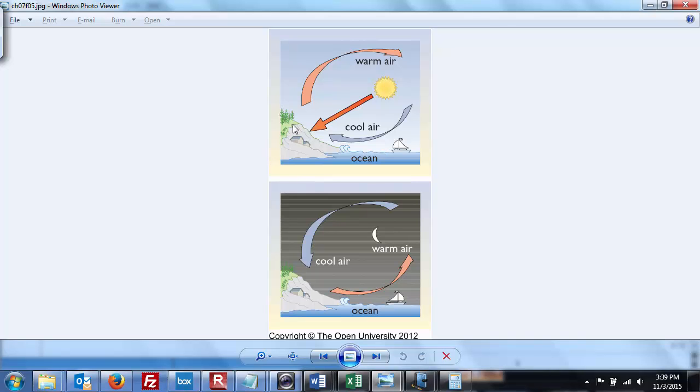That's going to drive warm air up. It's going to suck cold air in off the ocean. So at night, once the sun goes down, the land mass is going to cool more quickly than the water mass. So therefore, the relatively warmer water blows the air in the other direction.